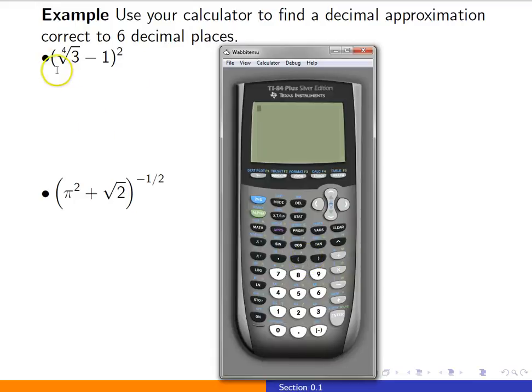So for this first expression, we have the 4th root of 3 minus 1 quantity squared. The important thing is to just pay attention to the ordering of the buttons that we push. So left parenthesis, and then we have the 4th root of 3. Note that the 4th root of 3 is really 3 raised to the power 1/4.